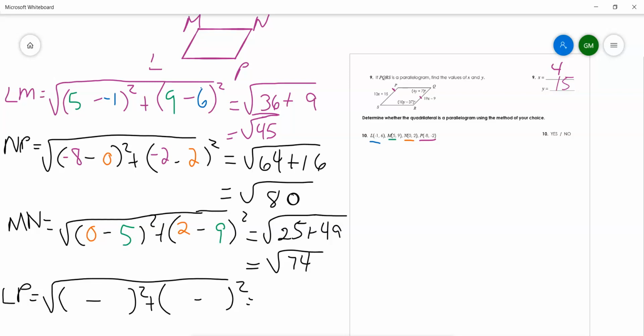L I have as blue, so it's -1 and 6. And P I have as purple, and so it's -8 and -2. All right, so we have -8 minus -1. It's -7. -7 squared is 49.